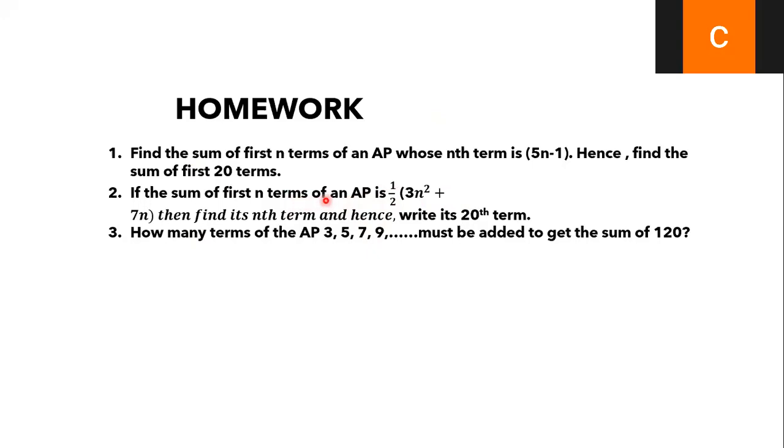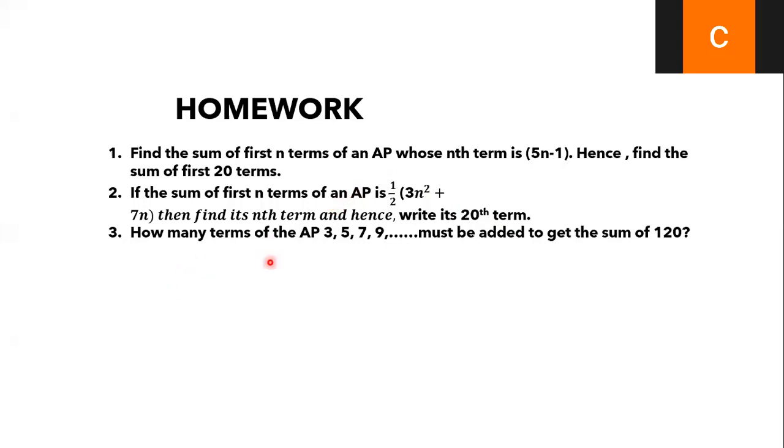So take n minus 1 in the place of n. Then subtract both, like how we do Sn minus Sn minus 1. You'll get half into 6n plus 4. Take out common, 3n plus 2 is the answer. And the 20th term is 62. Try out this high order thinking question. I gave a hint.